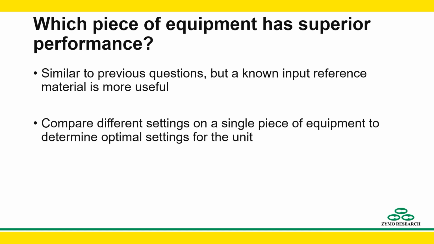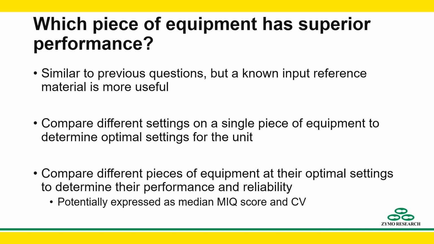So if we know that we're going to be using a specific bead beater, we can figure out which settings are optimal on that bead beater to get us the most even lysis, the most accurate picture of the input sample. We can also use it to compare between pieces of equipment to determine which one has better performance at some given setting. And in this case, you would try different pieces of equipment at different settings or maybe at different run times.